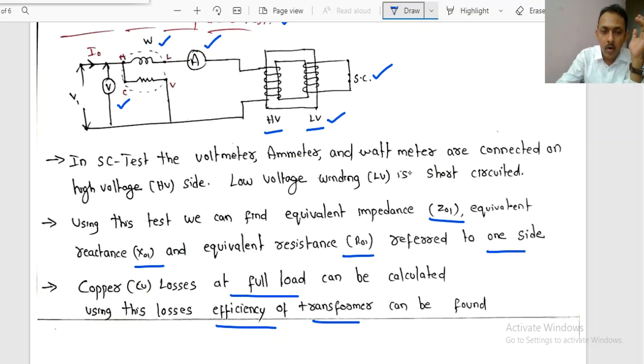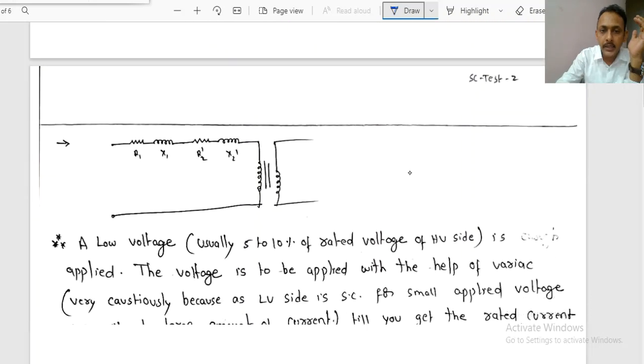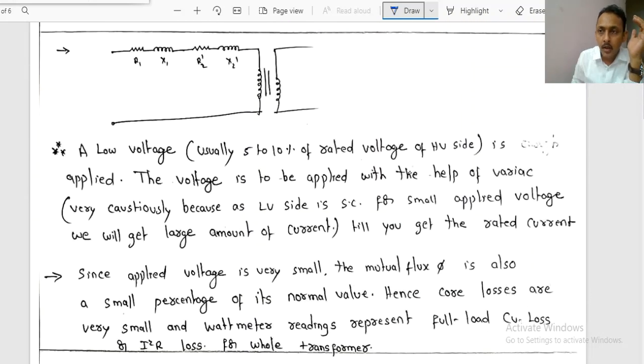While performing this short circuit test in the laboratory, you should be very cautious. If you have this experiment in your curriculum, a very small amount of voltage, normally some 5 to 10% of the rated voltage of the HV side, will be enough for the transformer to draw the rated current.